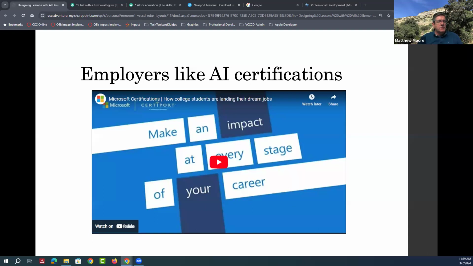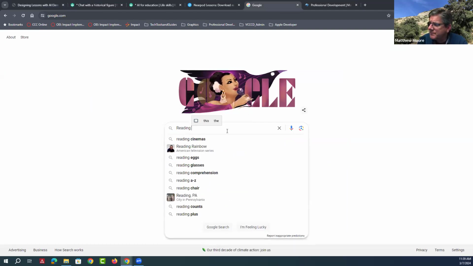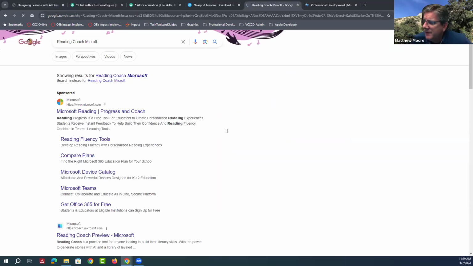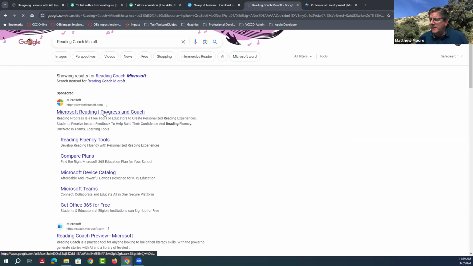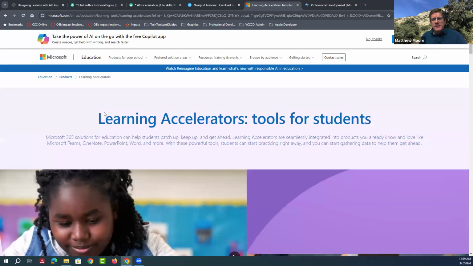Can you briefly discuss what the Reader Coach is in Microsoft? So the Reader Coach is a tool. Let me look up Reading Coach. It is a tool that evaluates how people present. If you had Microsoft's Reading Coach on right now, it would record this meeting and then give me, the speaker, information back.